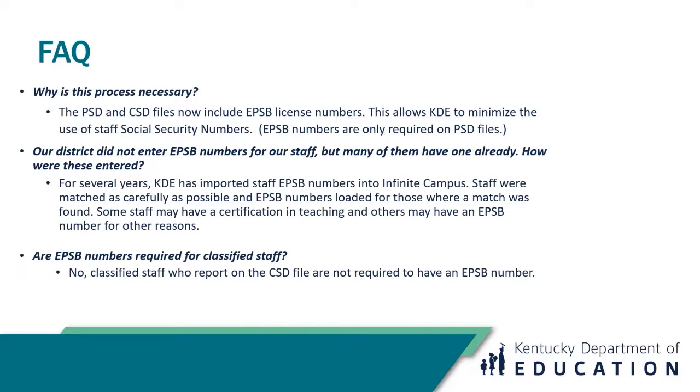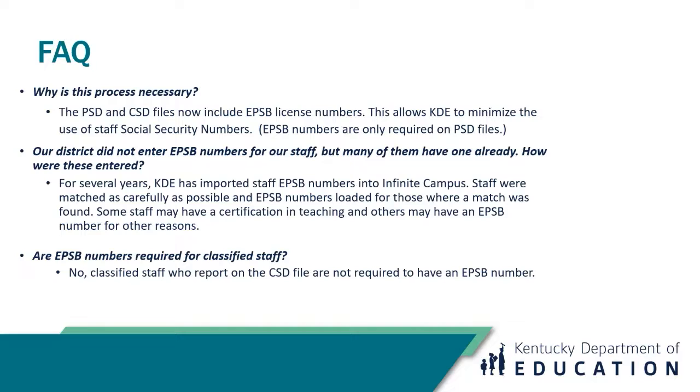How were they entered? So for several years, KDE has imported those staff EPSB numbers into Infinite Campus. Staff were matched as carefully as possible, and those numbers loaded for those where a match was found.